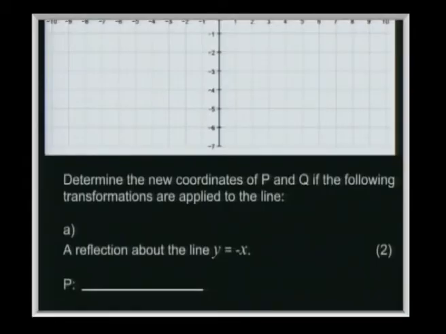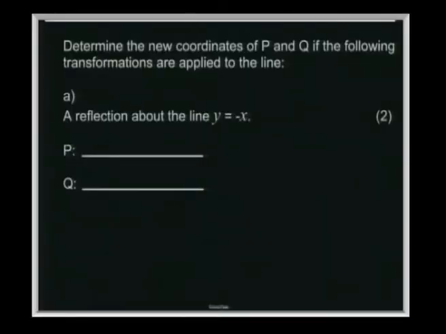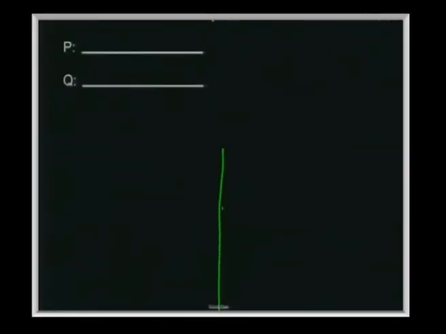Now what we have to do is a reflection around the line y equals negative x. We haven't discussed that before. I'm going to move down to the bottom of the page and we can discuss it. If I have a Cartesian plane over there, my line y equals negative x would be that line over there, slope of negative 1 running through the origin.